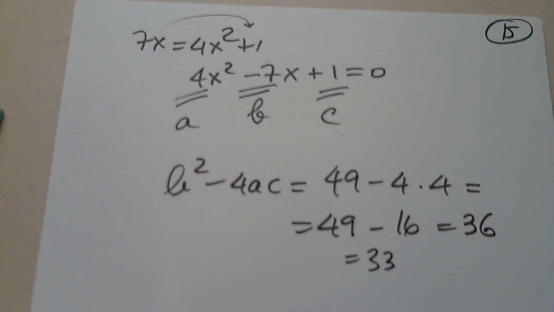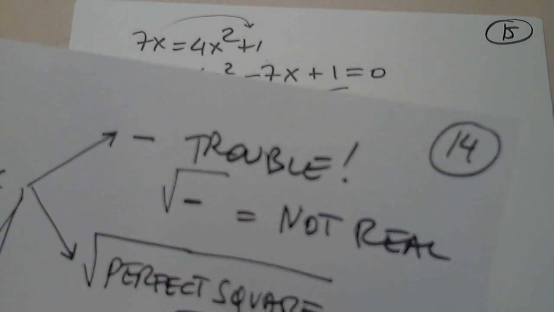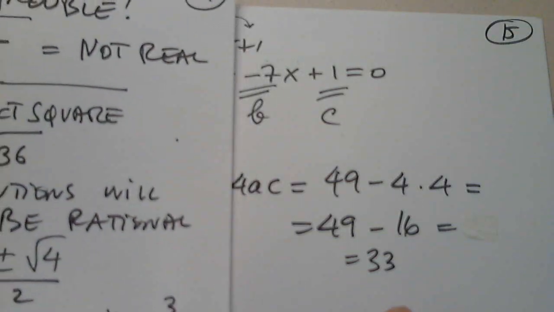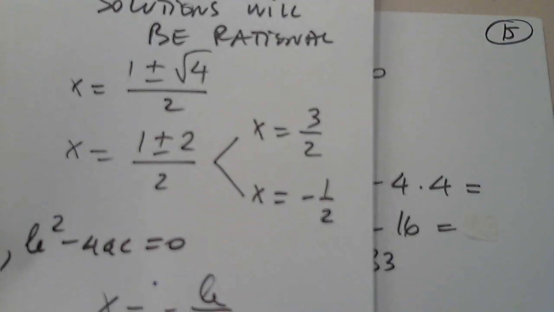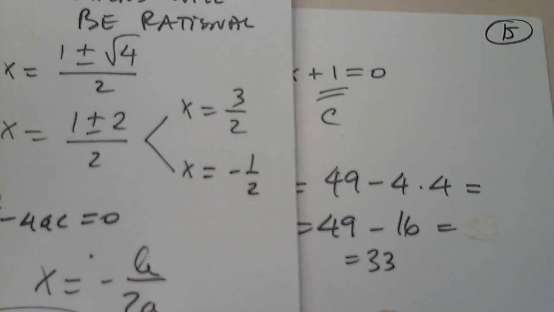So, because it is 33, let's go through the list of options. First option, no, it's not a negative number. Second option, no, 33 is not a perfect square. Third option, no, 33 is not 0.